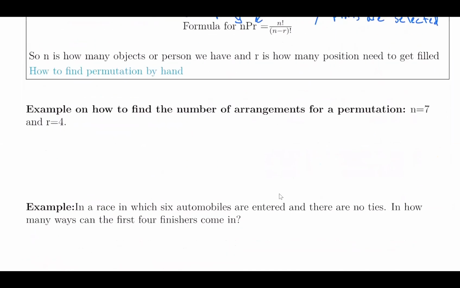All right, let's do this one. Here n is equal to 7 and r is equal to 4, and I'm already telling you this is permutation. So we're going to say 7 P 4. This is what I'm going to enter into my calculator.